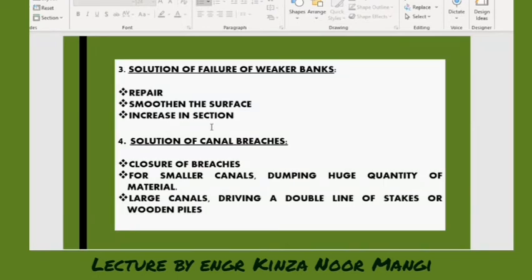Increase in section. Now what we do is either we increase the section by bringing material from outside, or we can also do one thing, that is silting. Now if you know silting, whenever silting occurs, it generates a layer at the bank side, at the sloping side, or at the bottom.